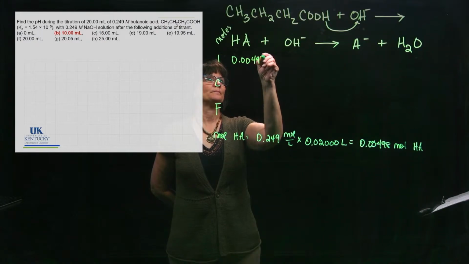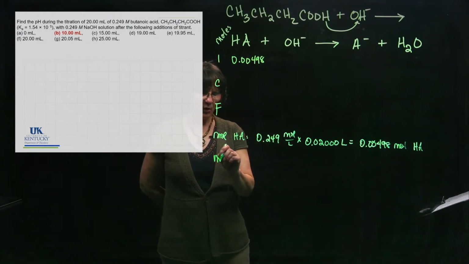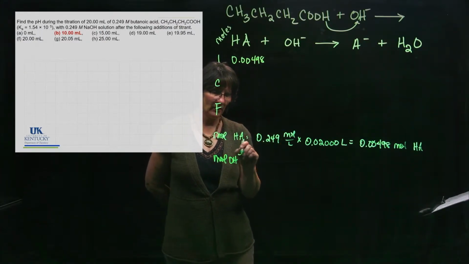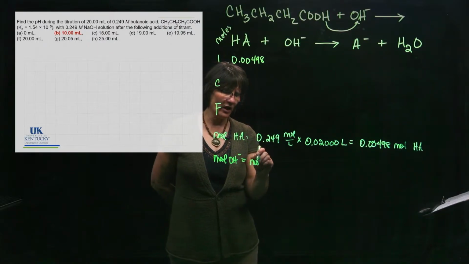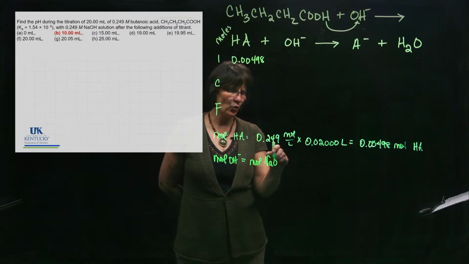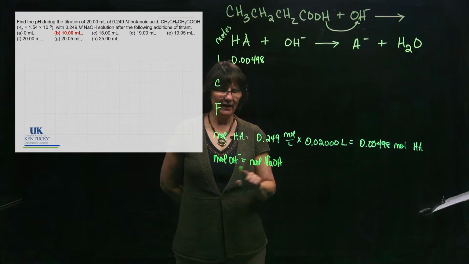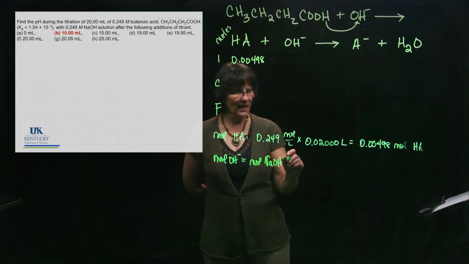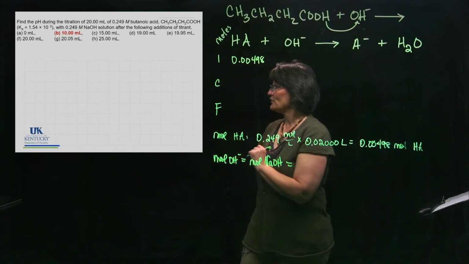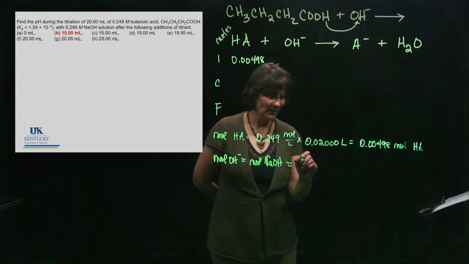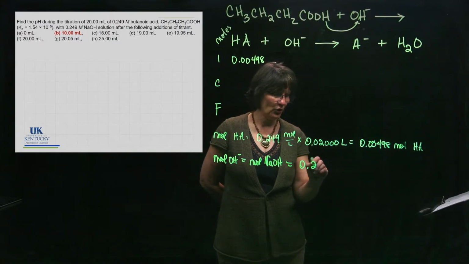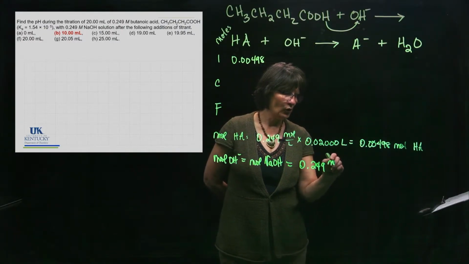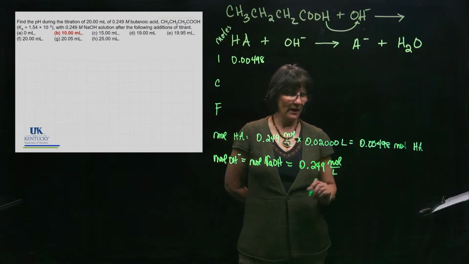0.00498. Now we're going to need moles of OH minus. Well, that's the same as the moles of the NaOH because there's one OH in every NaOH. So I'm going to take the molarity times the volume of the sodium hydroxide. It tells me it's the same molarity, 0.249 moles per liter of the sodium hydroxide.